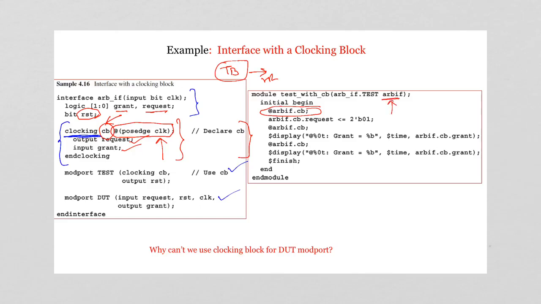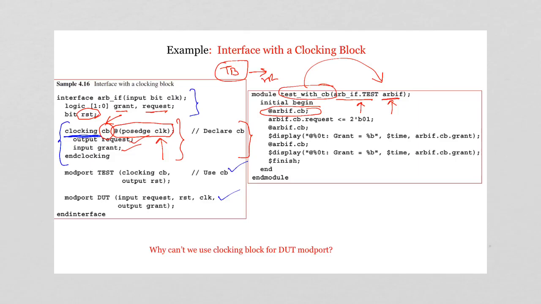For this test bench, the input is going to be an arbitif, which is of type interface, and in that interface you are going to use a modport named test.